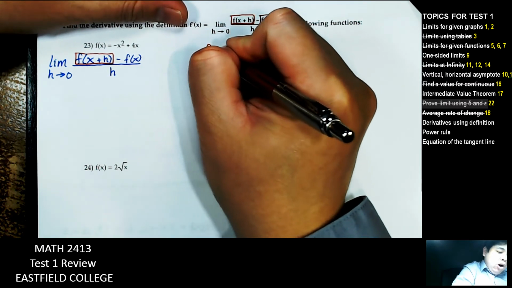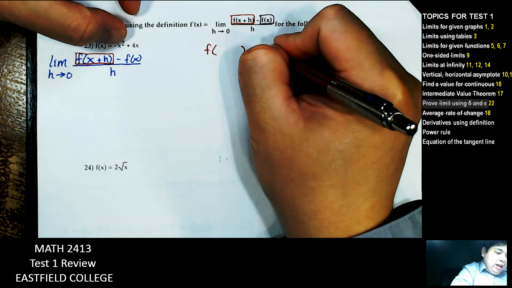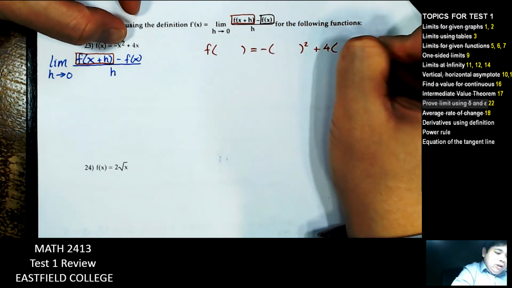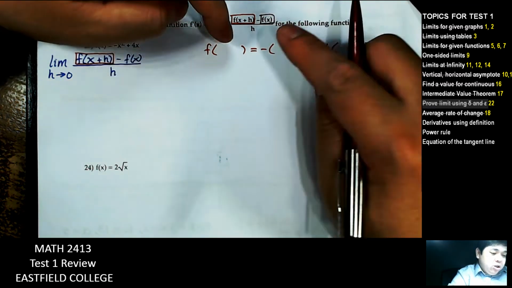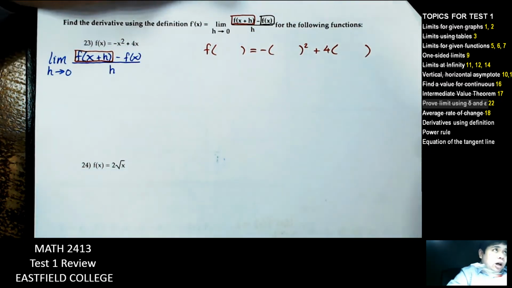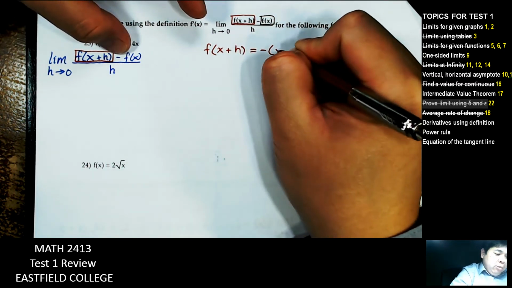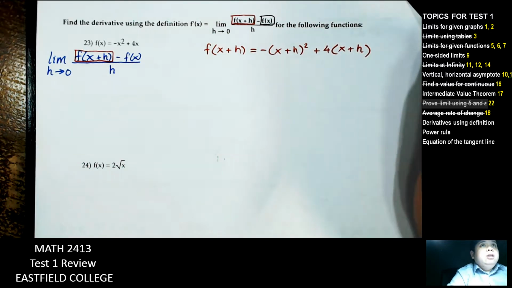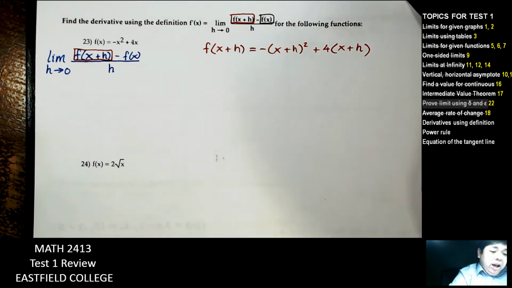So we start with the function in general. We have the negative plus 4. So pretty much what I did was I replaced an x with a pair of parentheses. If we put x plus h in it, we have to do that for every part of it. Right, now we multiply it out.